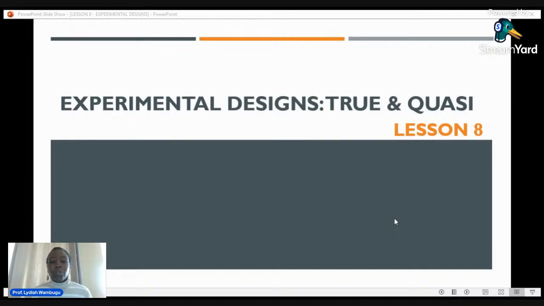And we talked about what is a design, and we said quantitative designs are those plans that will enable a researcher to collect numerical data. Because when you talk about quantitative, then you are talking about the type of research that will enable you to collect numerical data.